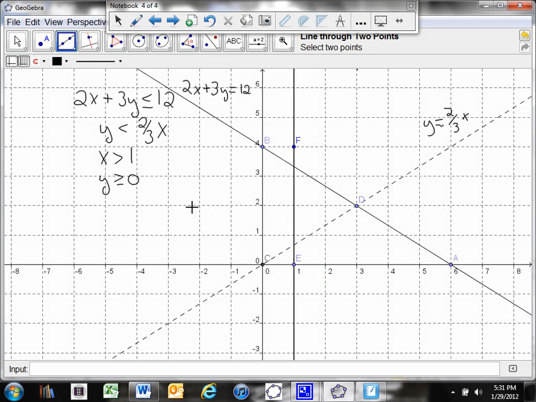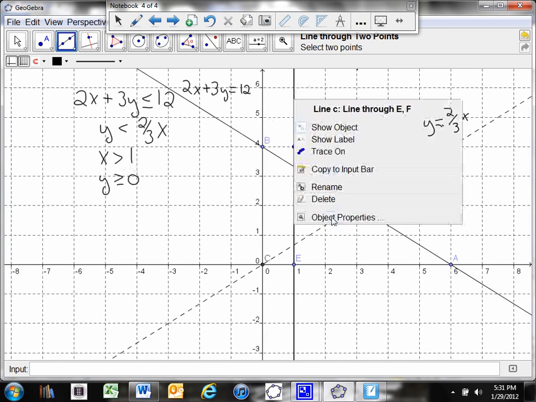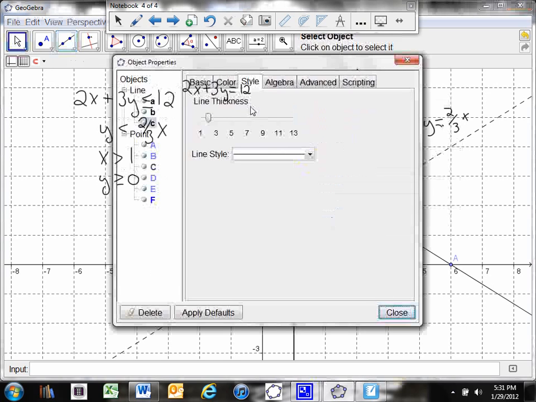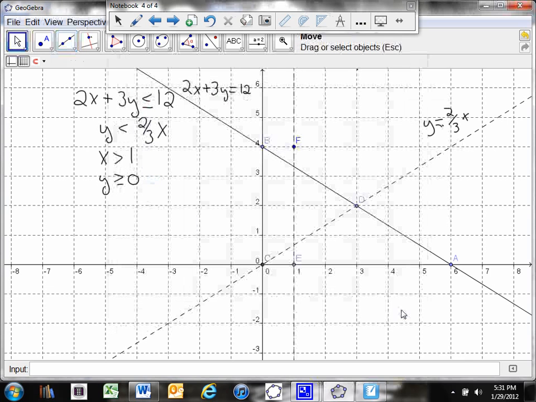All the points on that line have x values that are equal to 1. Again, I've got no equality there, so it's got to be dotted. So I'm going to change the properties on that and change the style to dotted. The last line I've got to draw is y is greater than or equal to 0. Y equal to 0 is just the x-axis, so I've got that done.